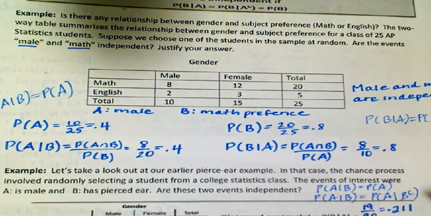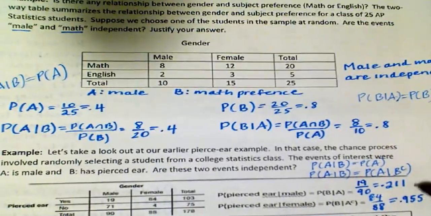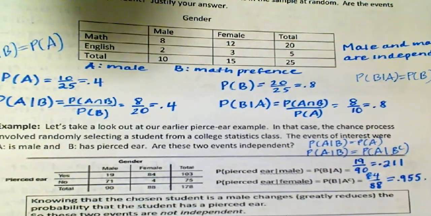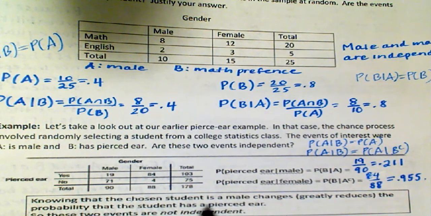Pierced given male would be 19 out of 90. And then the probability of pierced given female, the conjugate, is 0.955. So obviously these two are not equal, okay? So knowing this tells us that they're not independent. Knowing that the chosen student is a male greatly reduces the probability that the student has a pierced ear, so these two events are not independent.